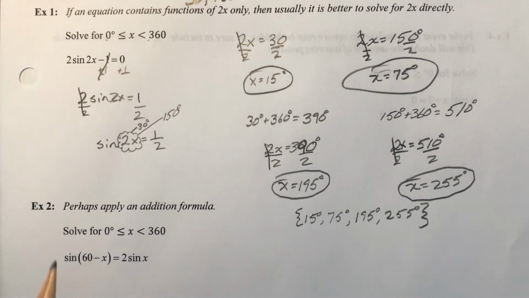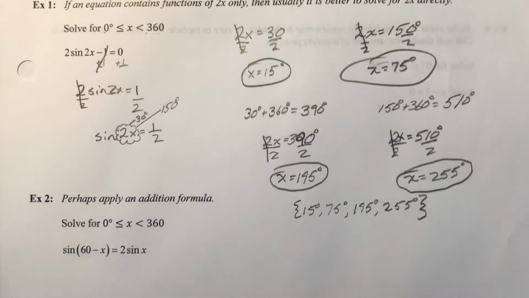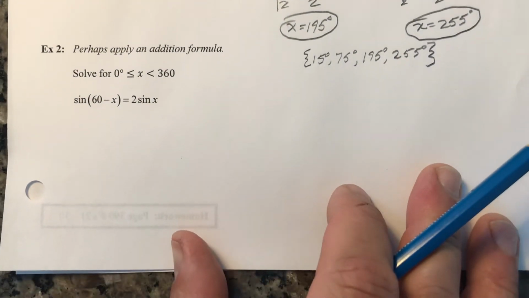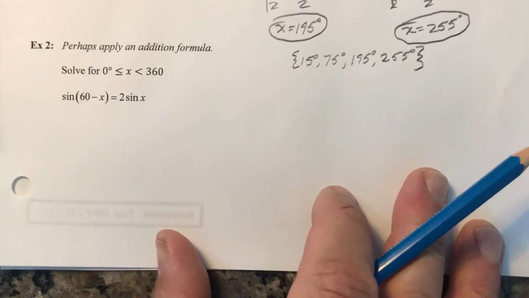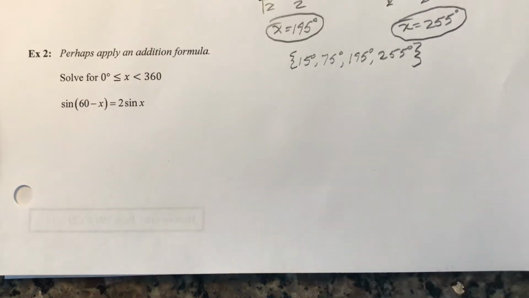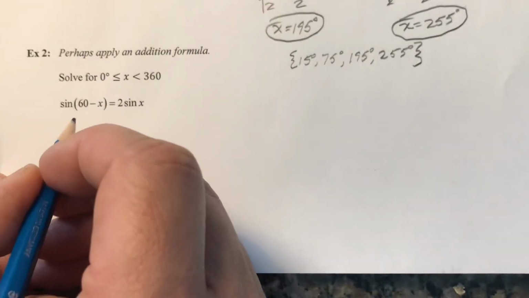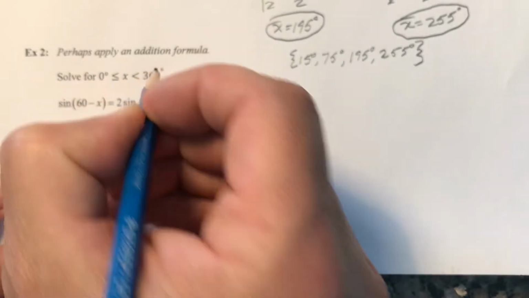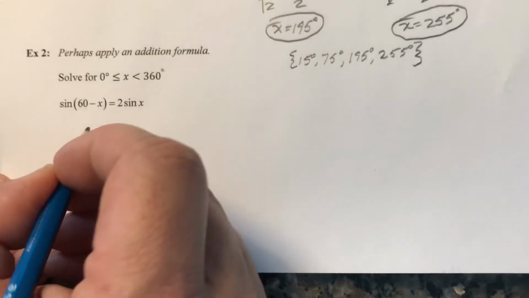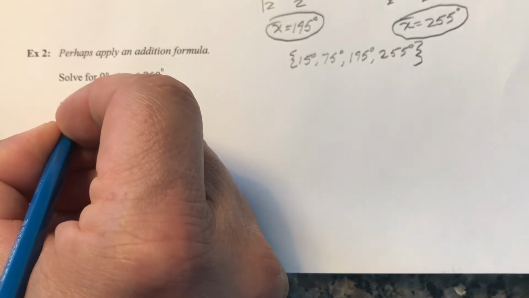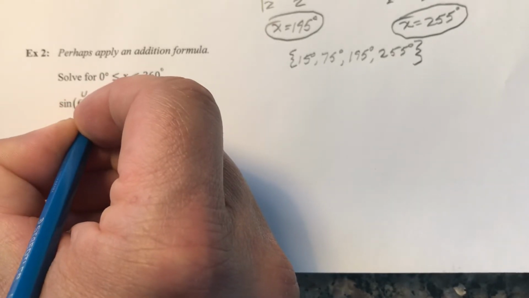All right, and then part 2, exercise 2, down on the bottom says, perhaps you apply an addition formula. And that's from earlier. You can look at this, or subtraction formula, 0 to 360, I keep forgetting my degrees. All right. So we're going to treat this as u, and we're going to treat that as v.